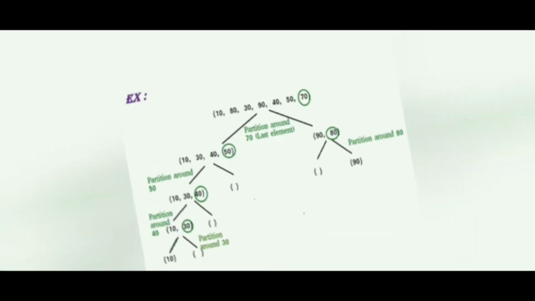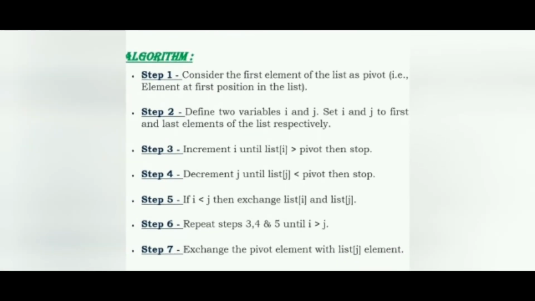Moving to the algorithm of quicksort. Firstly, we have to consider an element as a pivot element from the list. Now define two variables i and j. Then set i and j to the first and last elements of the list respectively. Later, increment i until list of i is greater than the pivot, and decrement j until list of j is less than the pivot.